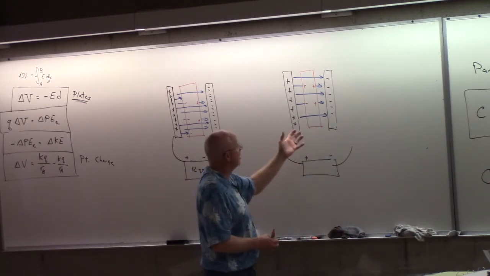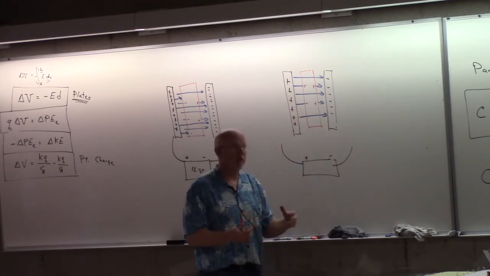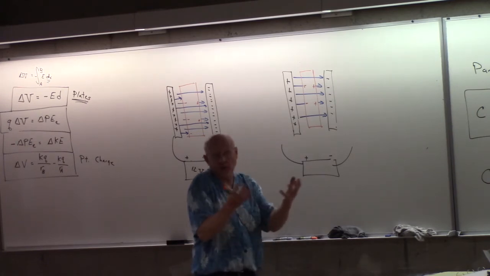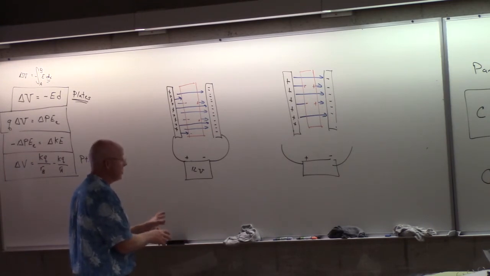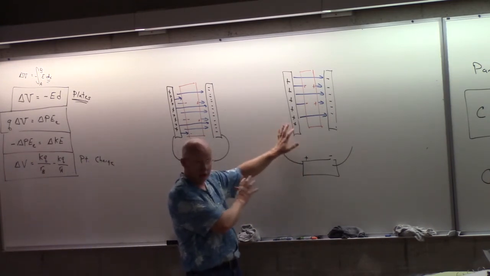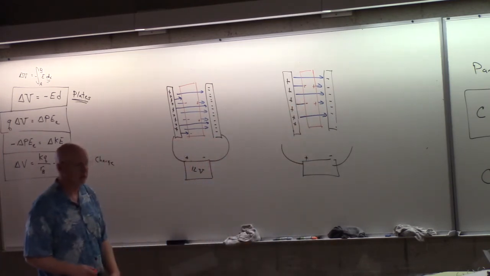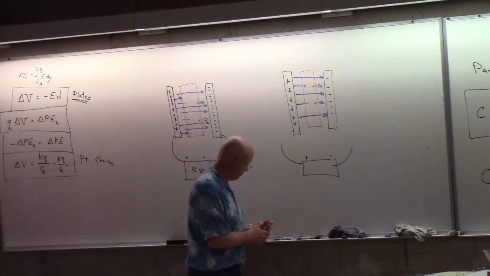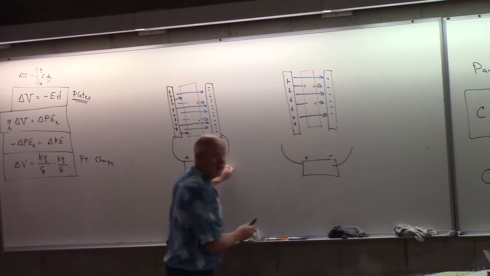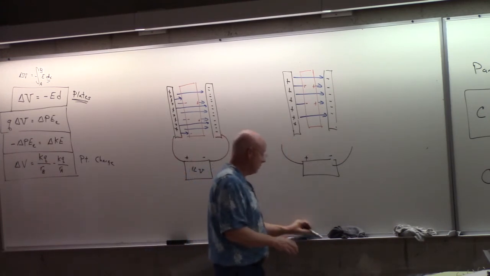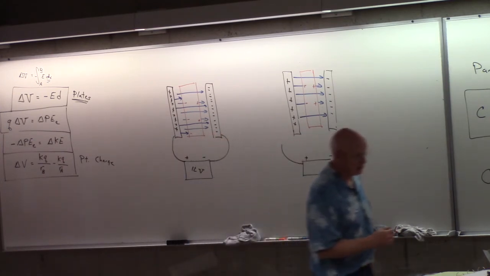So here I would say, once I put that material in there, it lowered from 12 volts down to maybe 8 volts or some value. It's really important that you understand what's going on in addition to the plate and the dielectric, but how it is connected. Those are the two scenarios that need to be compared here. In his example, he's doing this one, and that's why he said more charge will go on. But I didn't want you to mix it up with this scenario too. That's the great subtlety.